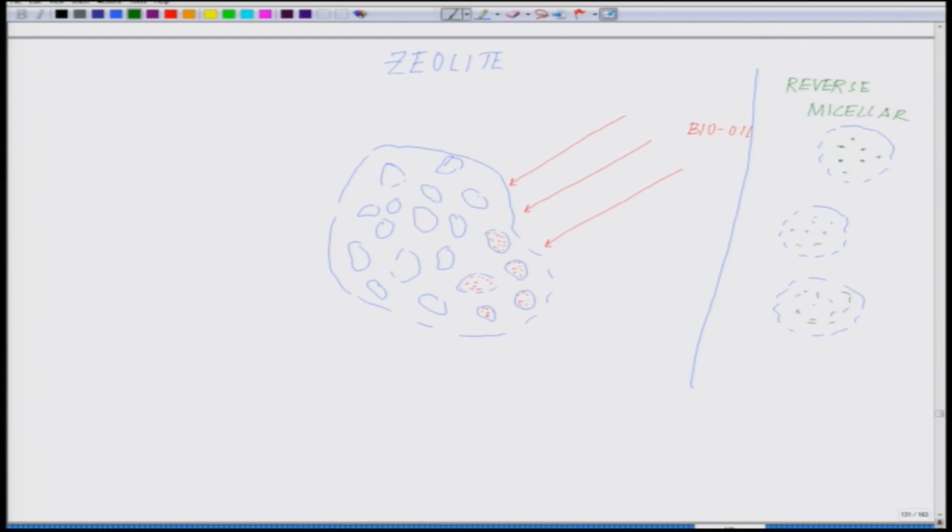Following the same analogy, out here your oil molecules are getting trapped in it, and there are some bigger ones, some smaller ones. And now you expose this to high temperature and high pressure.